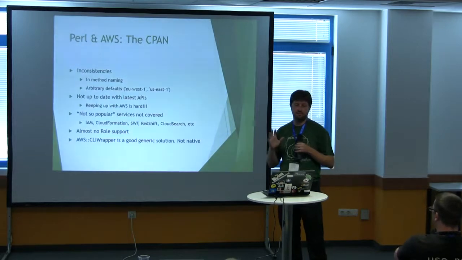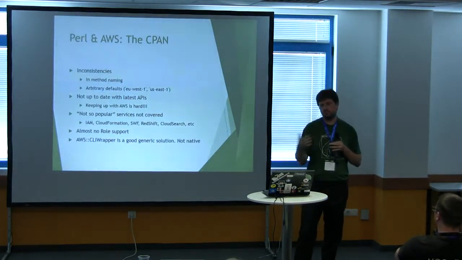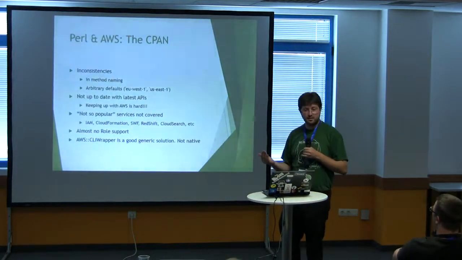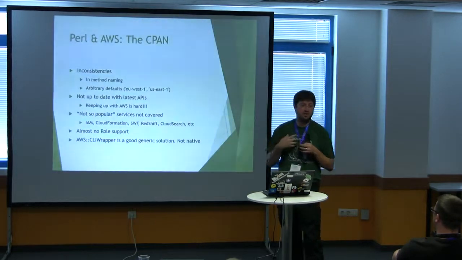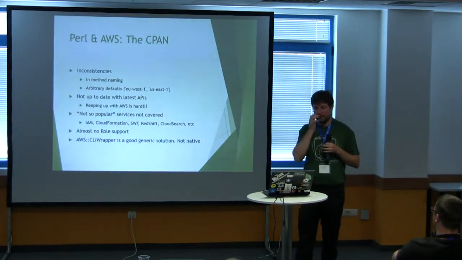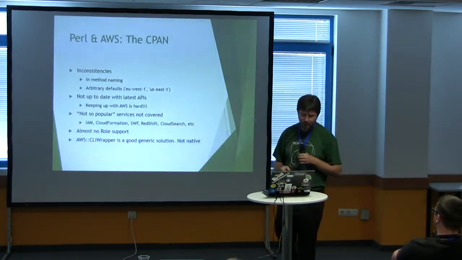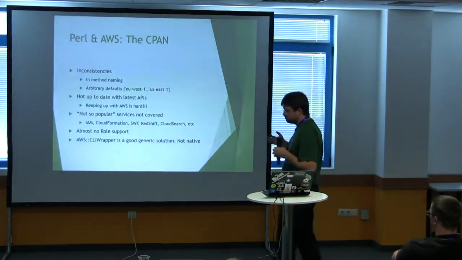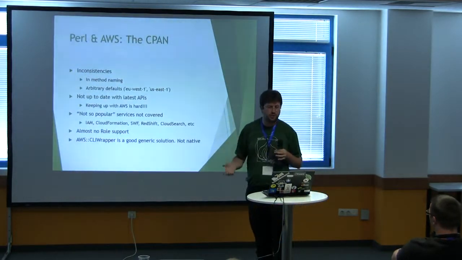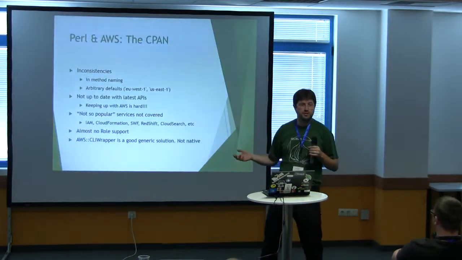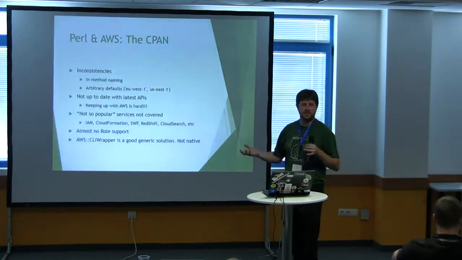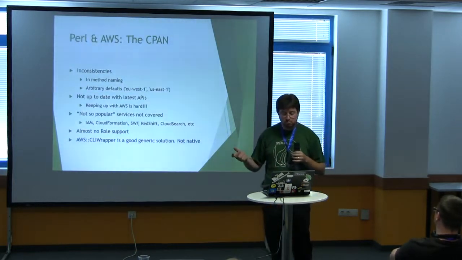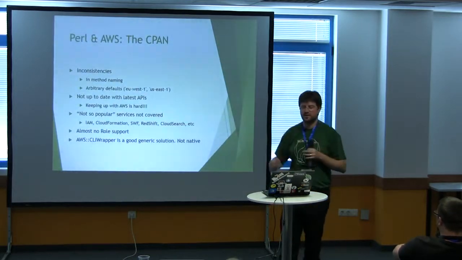And so the CPAN modules tend to fall behind, not unmaintained, but they don't get the new features if the author is not keeping good track of it. And also there are not so popular or not so known services that you can't call from Perl because no one has taken care of implementing them. But they are supported in the official SDKs.